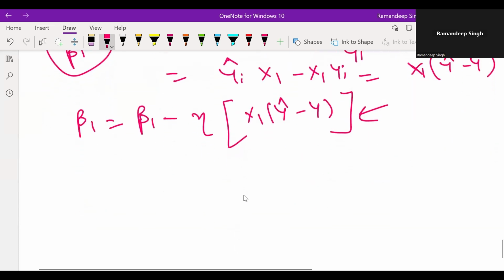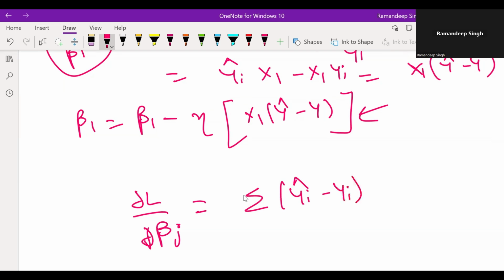And I can write it as del L by del beta j is equal to summation of yi hat minus yi multiplied by xij. And let me explain what ij is. Okay, so i is the ith row, and what is j? j is the jth column.